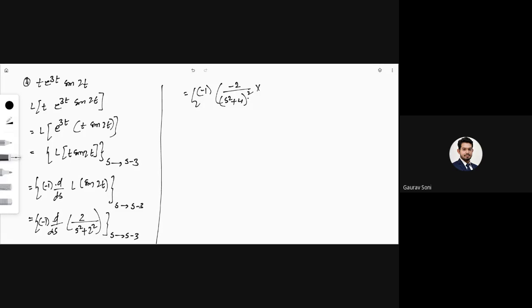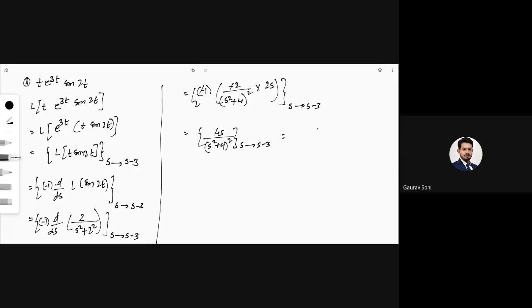By chain rule, derivative of s square plus 4 is 2s. And at the end, replace s by s minus 3. Now the minus sign will get cancelled out. What we have is 4s upon s square plus 4 whole square, replace s by s minus 3.